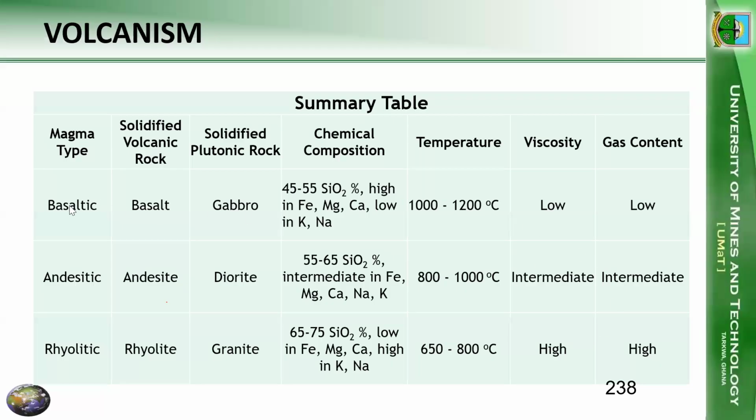And then with the basaltic, we should expect basalt, so the resulting rock is dark colored. The reason the rock is dark colored is because the magma had a low silica content, 45 to 55. So it's going to be mafic, whereas this is going to be what? Felsic. So this is called a basic magma, and this is an acidic magma.